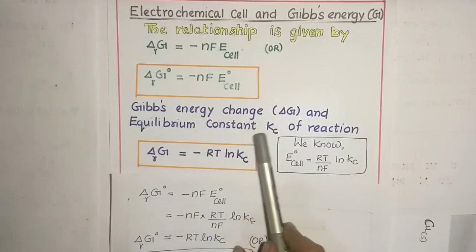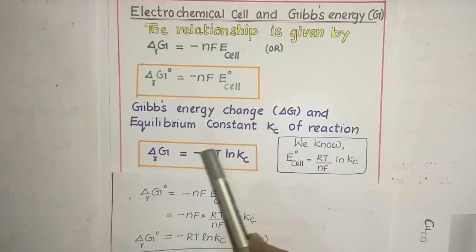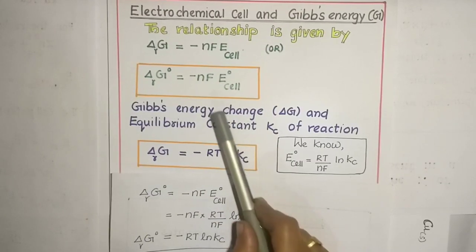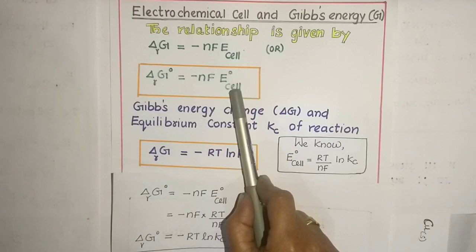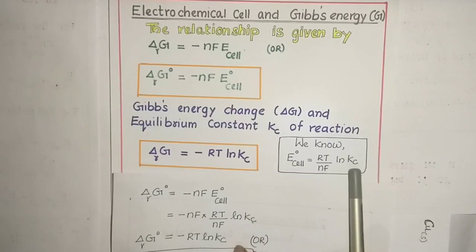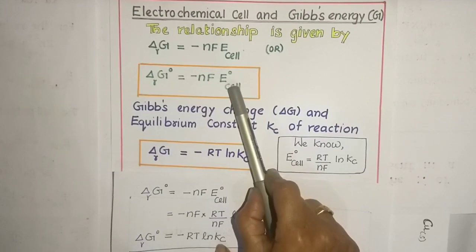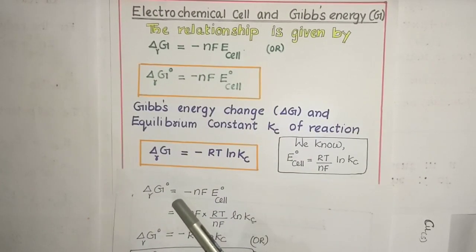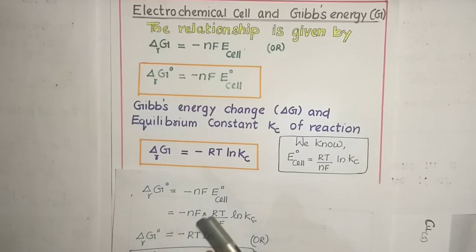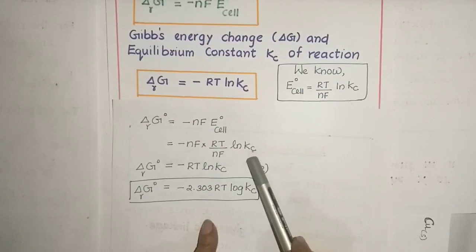Now the Gibbs energy change and equilibrium constant of the reaction can be related by an equation. We know that Gibbs energy change of reaction is equal to minus nF E0 cell, but we know E0 cell is equal to RT by nF into ln Kc. Substitute the value of E0 cell in this equation, then we get delta G0 is minus nF into RT by nF ln Kc.